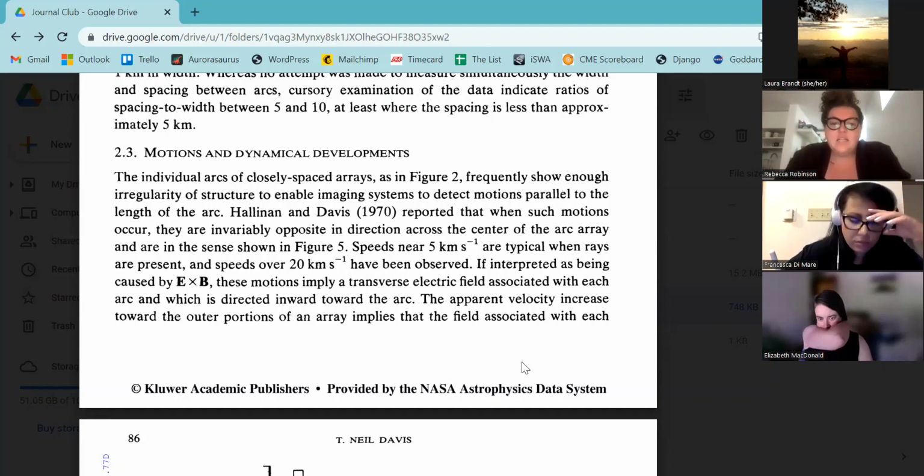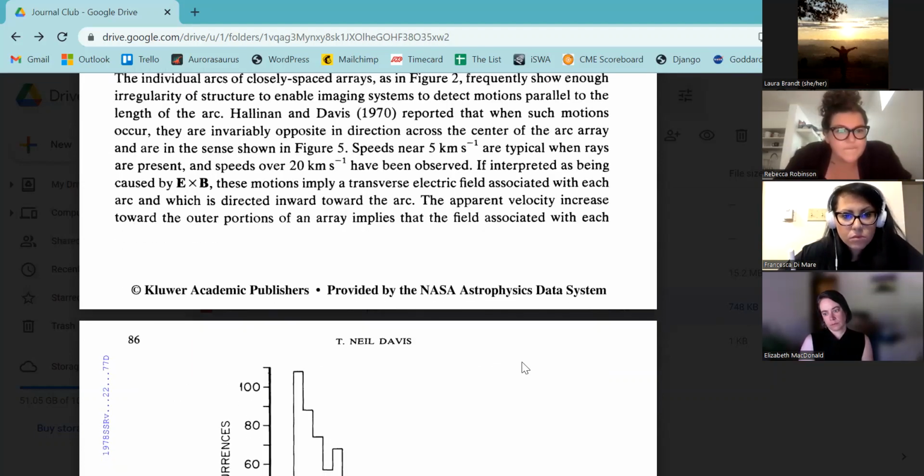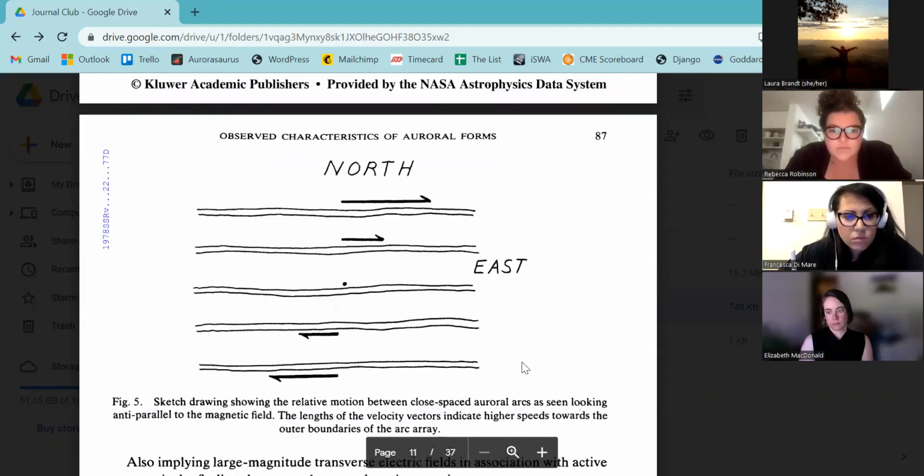The apparent velocity increase toward the outer portions of an array implies that the field associated with each individual arc extends well beyond the arc so that it adds to the fields of adjacent arcs. The required magnitude of the arc fields would be of order 100 millivolts per meter, sometimes as large as 1,000 millivolts per meter. Cool.